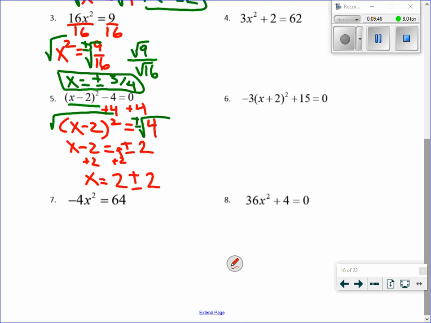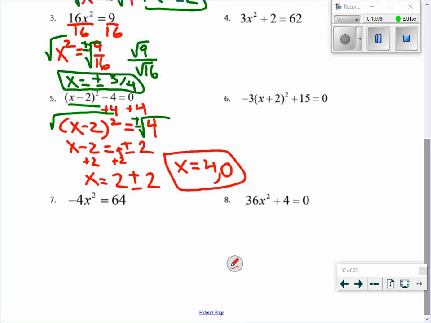If this was a radical, like the square root of 2, I can't combine those, right? But I can keep combining these to figure out what it's equal to. So x would be equal to 2 plus 2, which gives us 4, and x is also equal to 2 minus 2, which is 0.